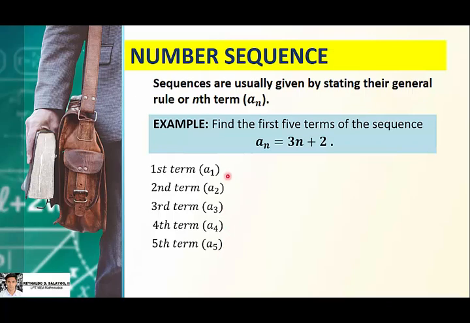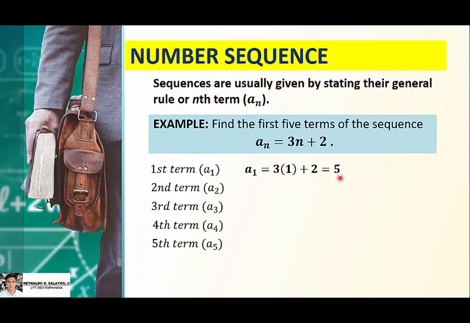Now, let's compute the first term. We know that the value of n here is equal to 1. So all you have to do is substitute the value of n in the given general rule, which is 3n plus 2. Instead of writing n, we write 1. So 3 times 1, that's 3, plus 2 equals 5.